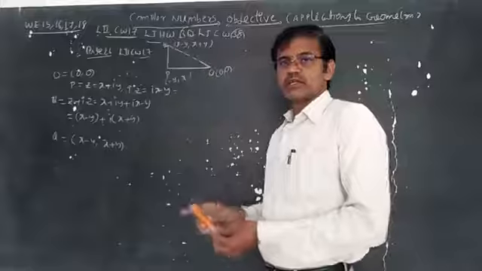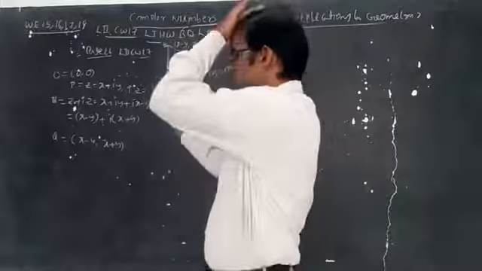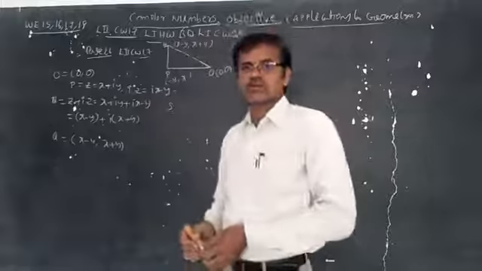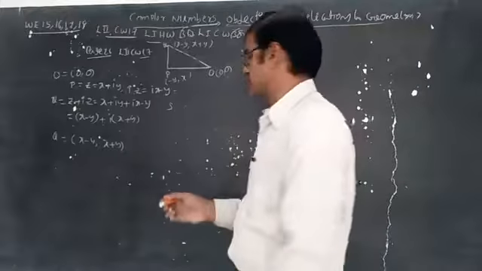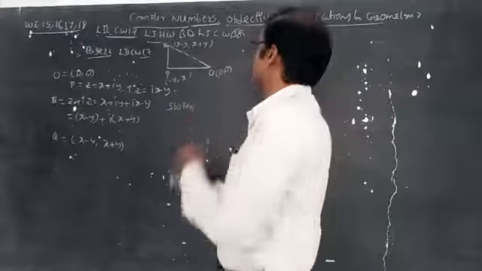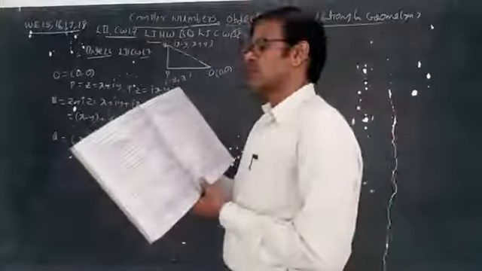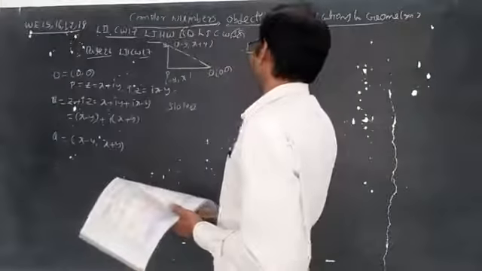Now let us discuss the product of slopes concept. If the product of slopes is equal to minus 1, then the angle between the two straight lines is 90 degrees. Now we should discuss angle OPQ.